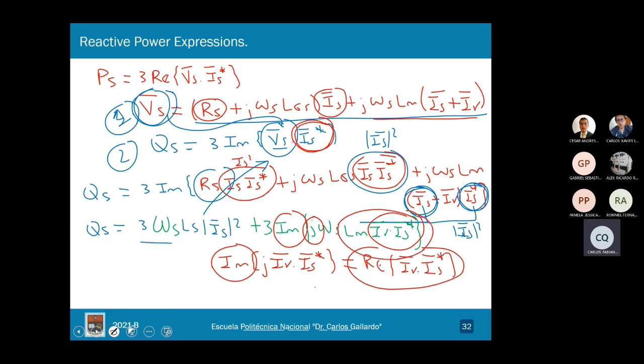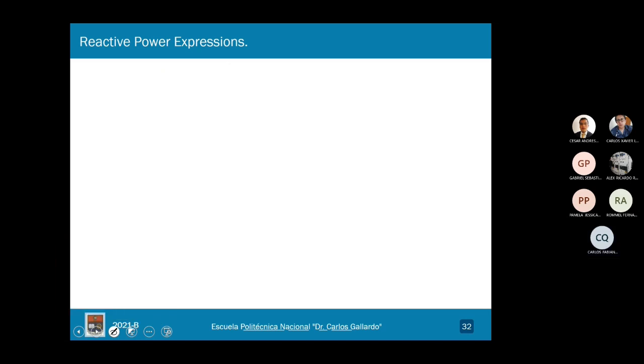Using this identity in this equation, I will get the final equation.